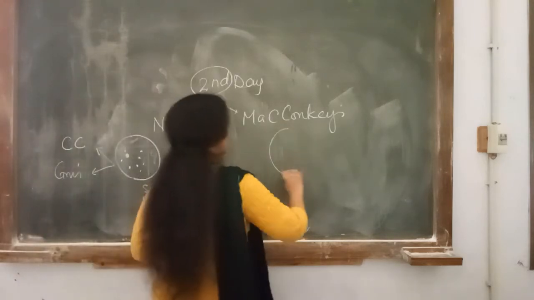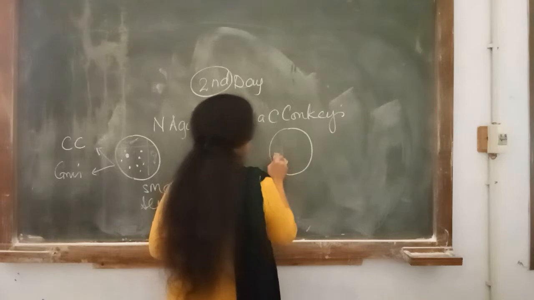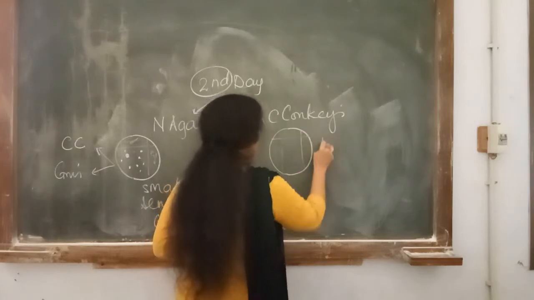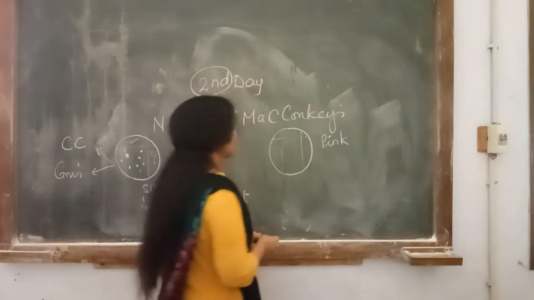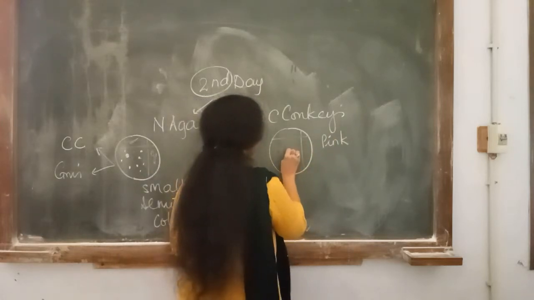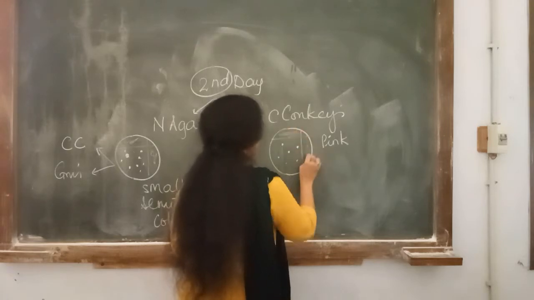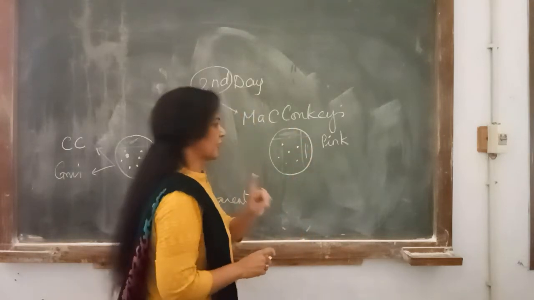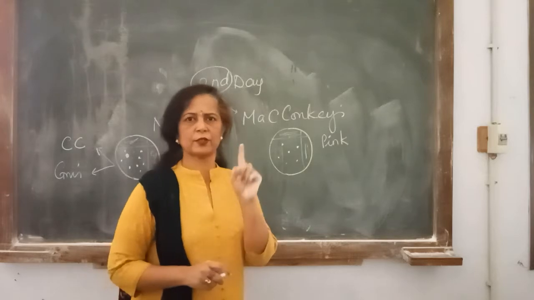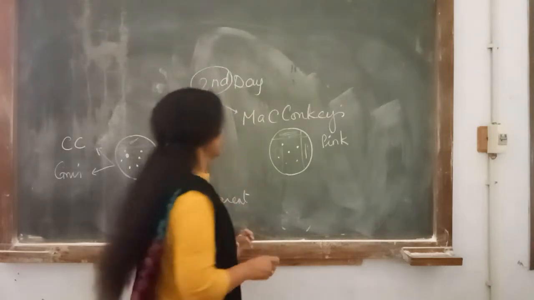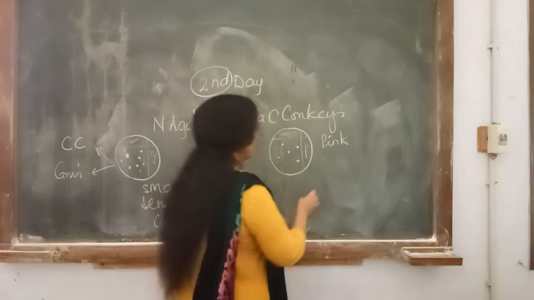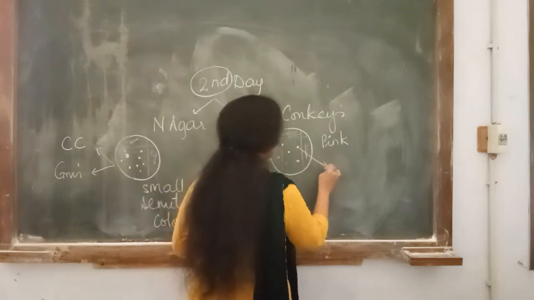From McConkey's agar plate, we will have a different type of result, because we know that color of this media plate is pink. So now the colony which will be formed will be pink in color if they are lactose fermenter. If they are lactose non-fermenter, it will be a colorless colony or yellow colony. Okay, so we will check whether we are getting yellow colony or pink colony.